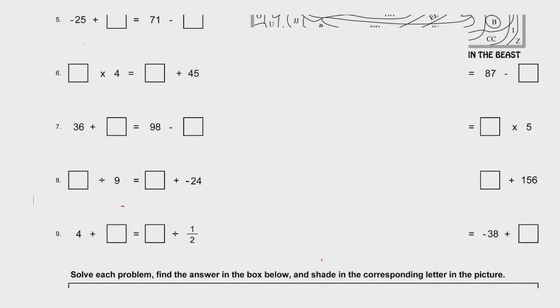All right, problem 9. We have 4 plus n equals n divided by 1/2. All right. Some of you might have got confused on this problem because now we're dealing with some fractions. Remember, when it comes to division, if you have a divide by 1/2, you have to change the division to a multiplication, and then you have to take the fraction and find the reciprocal, or I just call it flip it.